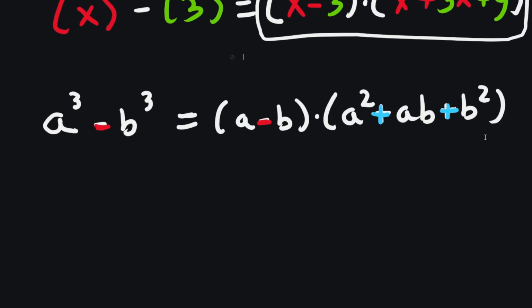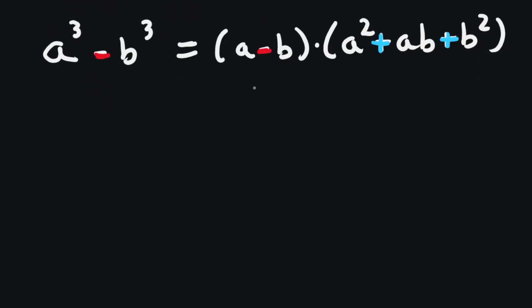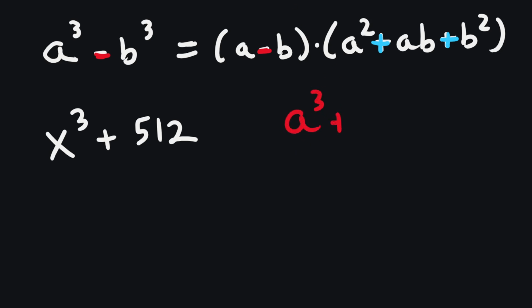Perfect. So let's go through an example of a sum of two cubes. So let's say we had x cubed plus 512. So again, let's get it in a cubed plus b cubed form. What is our a? In this case, our a is x, so x cubed.